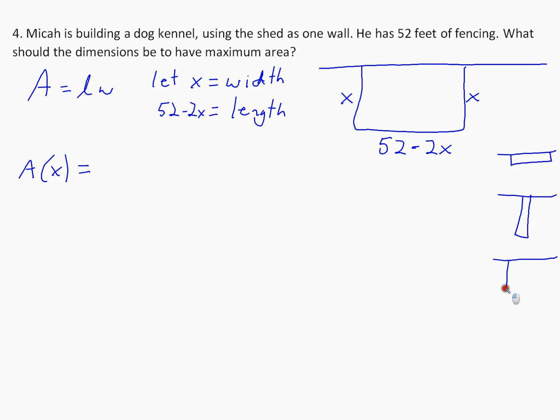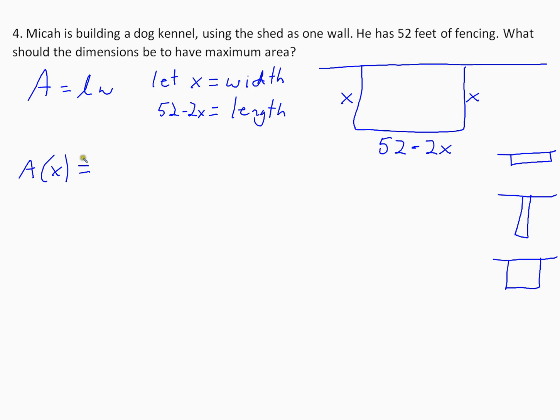Maybe like the last one, it's a square. So we're trying to find which shape will be best where we can use up all 52 feet. And that's what we're figuring out. We could do some guess and check over and over again to help us find it. But once you're able to set this up, you can find it pretty simply as long as you can work well with your quadratic functions.